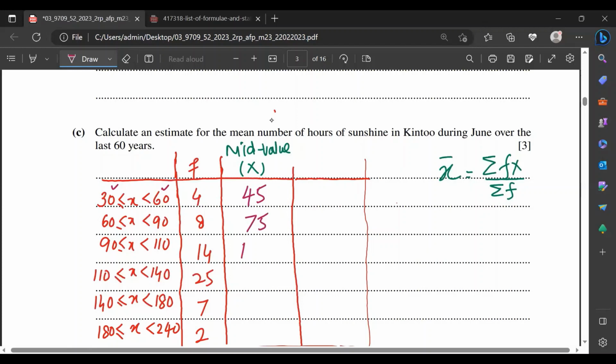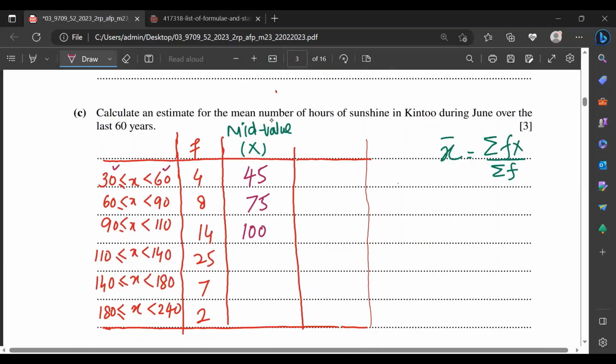Then 100, the mid value of 90 and 110. Next is 125, which is 110 plus 140 divided by 2. Then 160, the mid value of 140 and 180, and 210 is the last mid value.